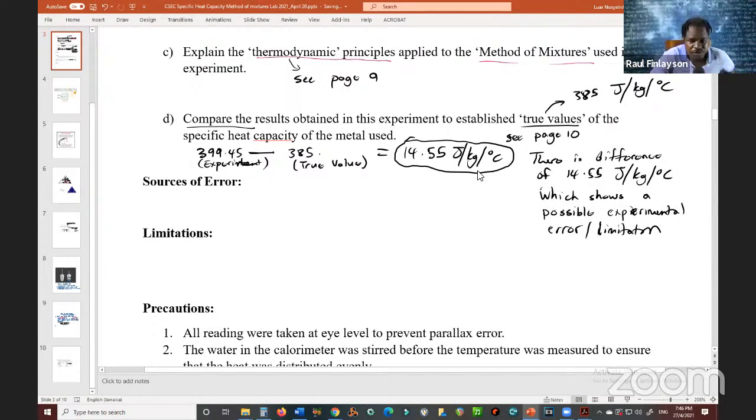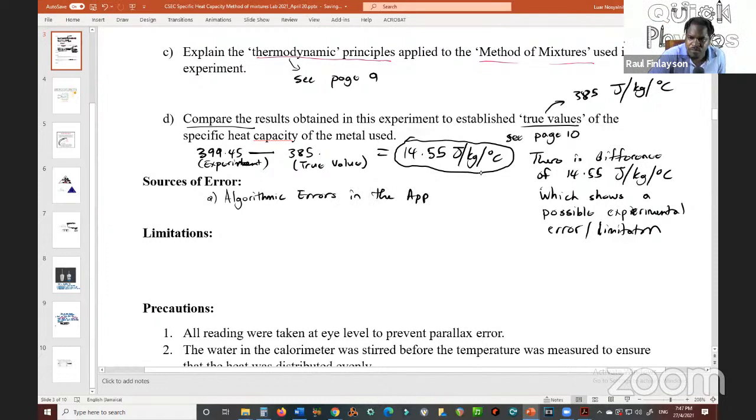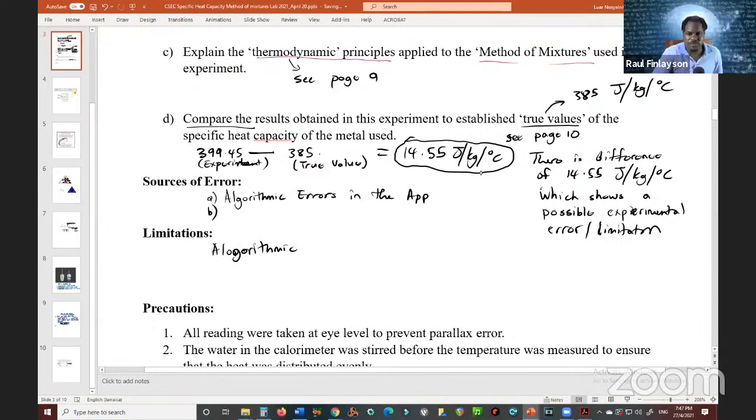We passed source of error here, but we can say, because it's a lab app, there are algorithmic errors in the app, and also algorithmic limitations, because the software can only simulate the temperature of the surroundings.